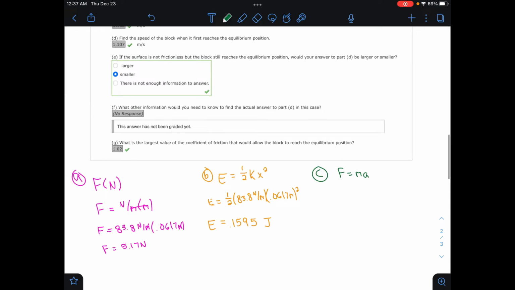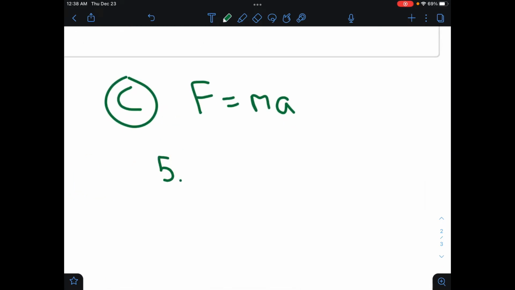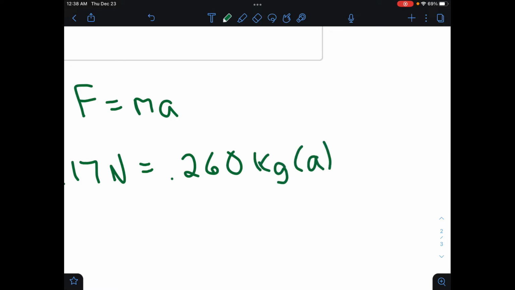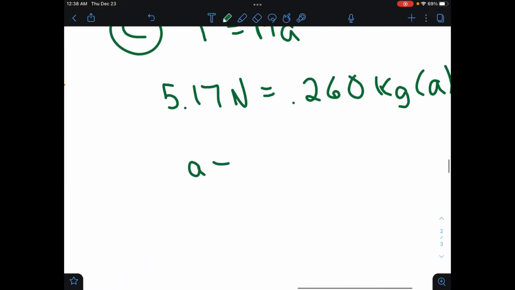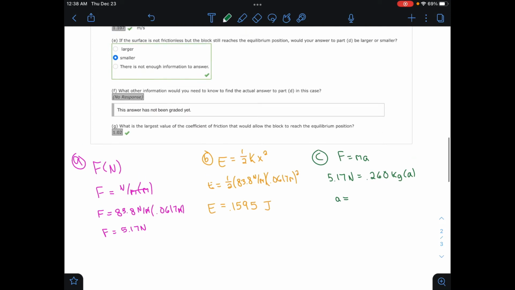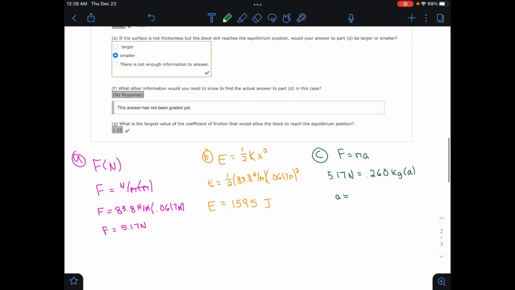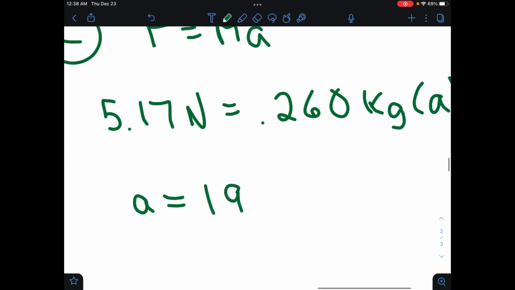If we plug in our force applied, 5.17 newtons, equal to our mass, 0.26 kilograms, times the acceleration, we can very simply find this acceleration, because newtons over kilograms is equivalent to meters per second squared. So the answer would be 19.88 meters per second squared.